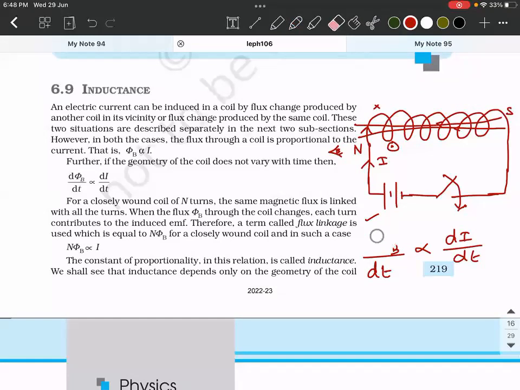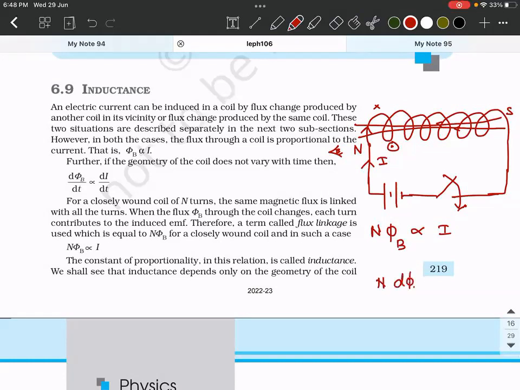So to be more precise, instead of writing this directly, I would like to say if the coil has N number of turns and the magnetic flux associated with it is phi b, then the total flux associated with it is directly proportional to the amount of current that has increased, where I is its own current. Now, when I differentiate this on both the sides, what do I get?